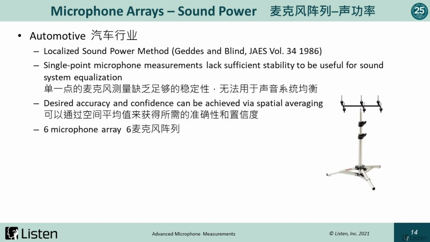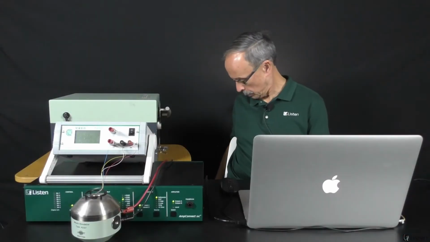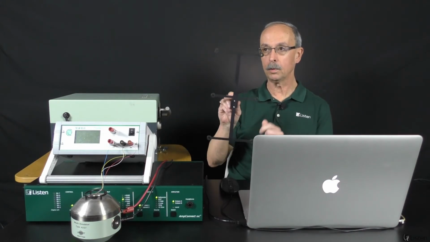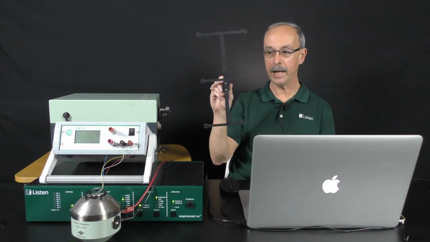And in the end, I believe they said that they had 90% confidence that this array could provide plus or minus half a dB of accuracy in a 3rd octave measurement inside of a vehicle cabin. And this is still in use today, all these years later. And actually, somewhere down here, I have an example of the type of holder that might be used for such an array.